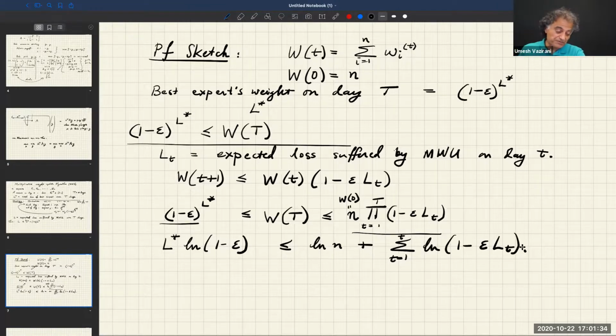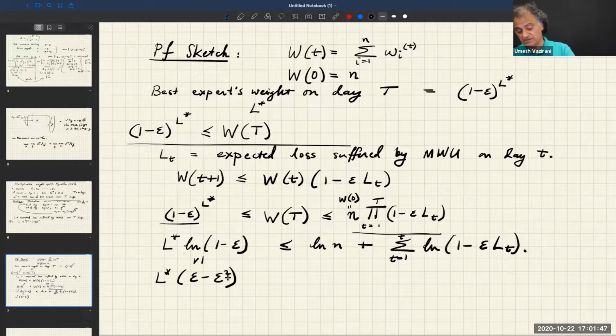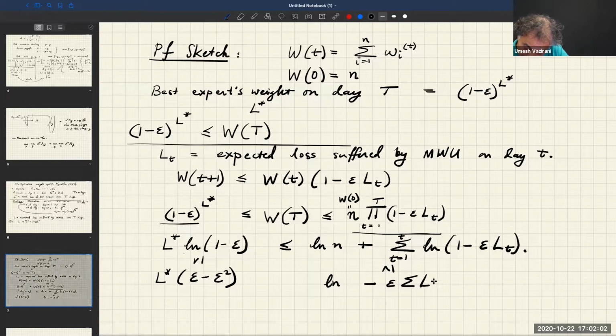And now you can say, well, this must be greater than or equal to L star times epsilon minus epsilon squared. Okay, so this is just a fact. And this is less than or equal to ln n minus epsilon times the summation of L sub t over all t.